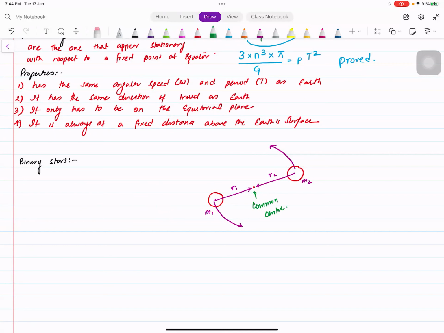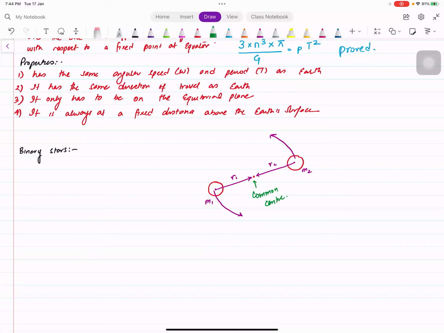Now, again, for binary stars, we need to remember 4 properties. Probably they will never ask you about the properties, but remembering this will help you solve the questions.